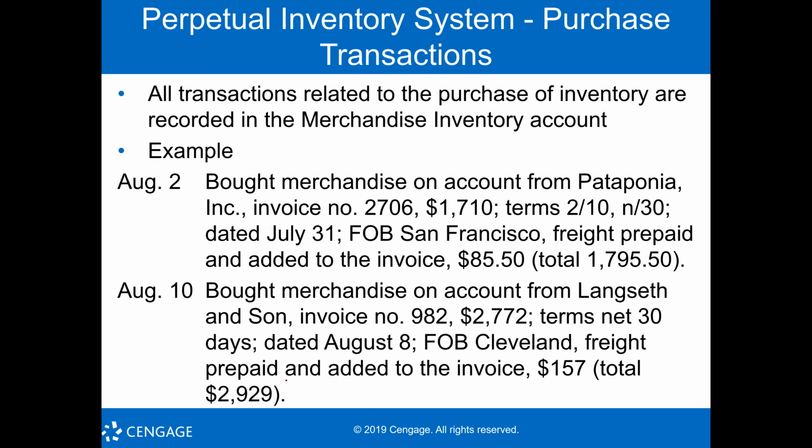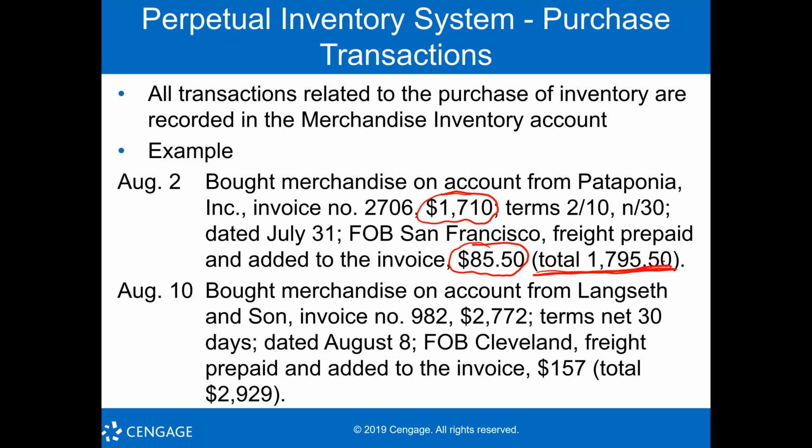So looking at this first example, not only are we going to be debiting merchandise inventory for the amount of the purchase, but also the freight costs. So we're going to debit merchandise inventory for the total. We don't have a separate freight in account. We'll look at the example of that on the next slide. And then on August the 10th, bought merchandise on account from Lang, Seth and Son, $2,772.